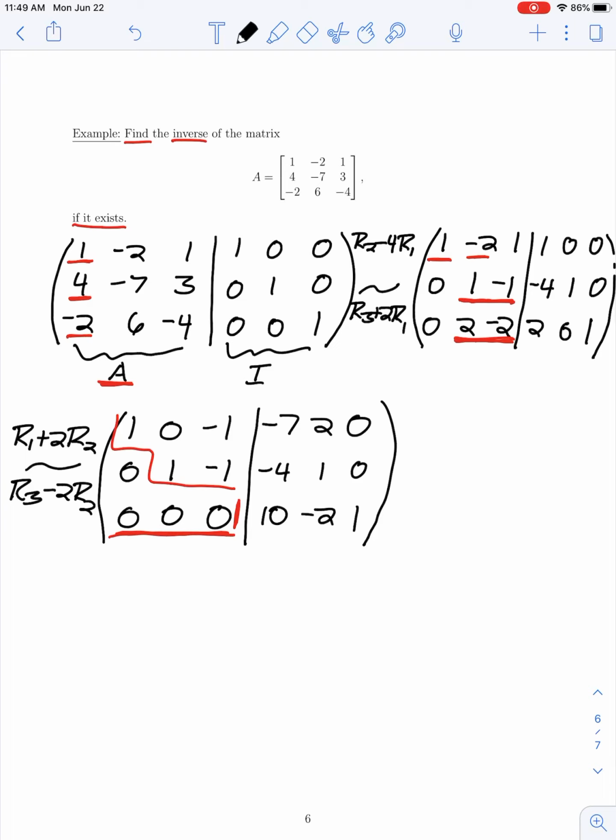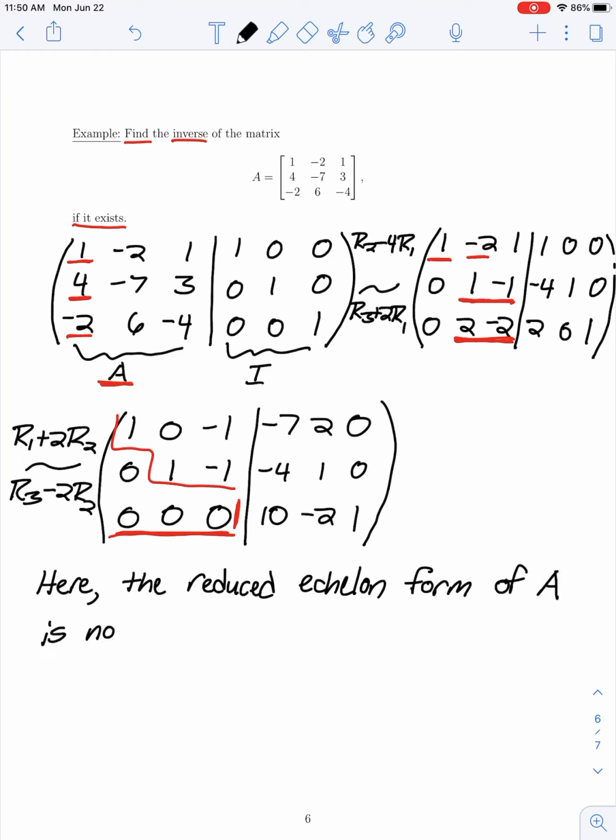So let's justify why an inverse doesn't exist here. So we can say here, the reduced echelon form of A is not equivalent to, or not row equivalent to, the identity matrix.